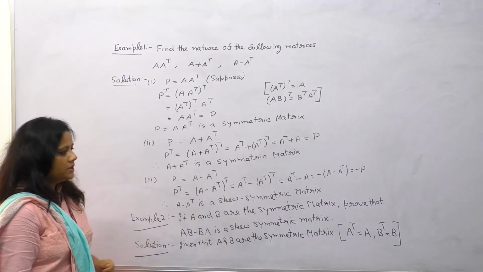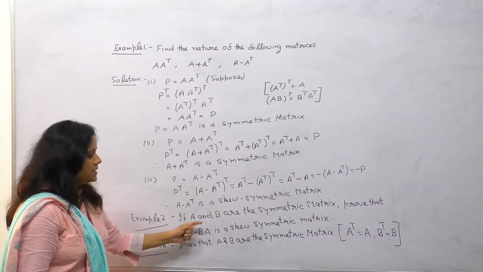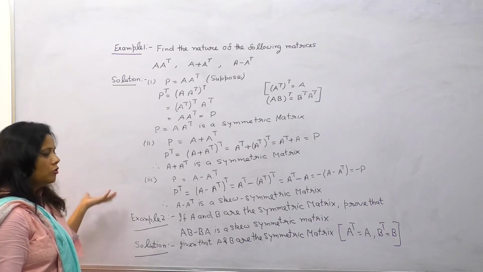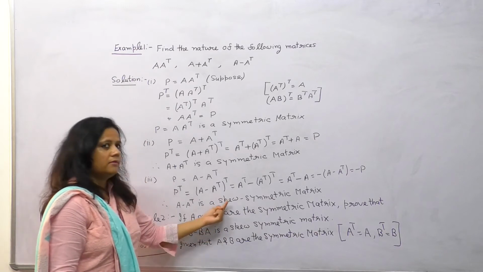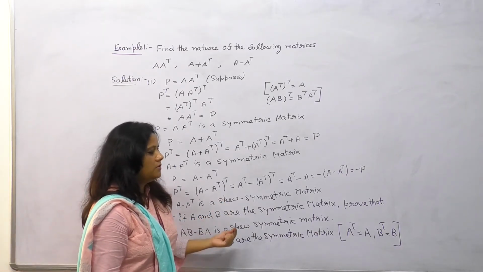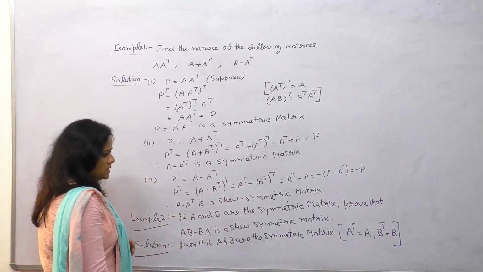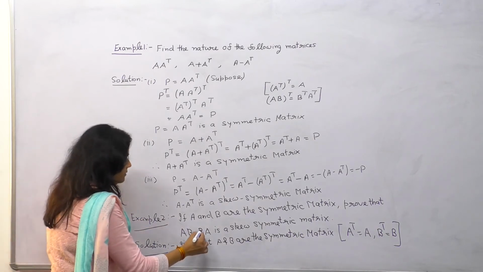With the help of this statement, we have to show that AB minus BA is a skew symmetric matrix. The definition of the skew symmetric matrix is A transpose equal to minus A, so we have to show that this matrix satisfies it.